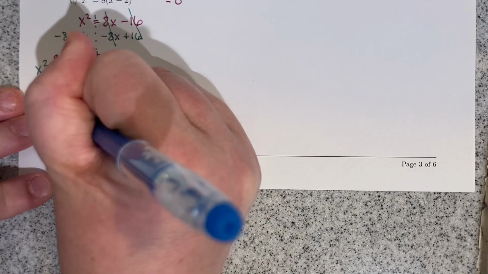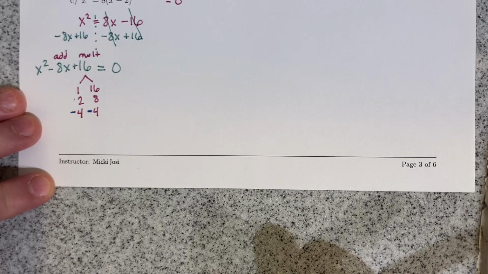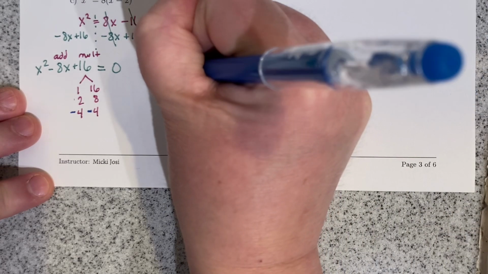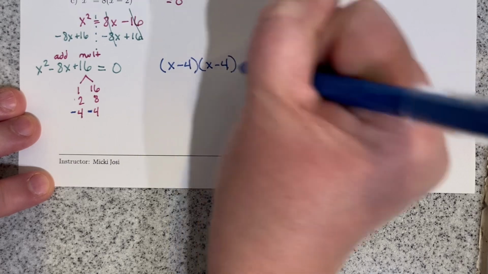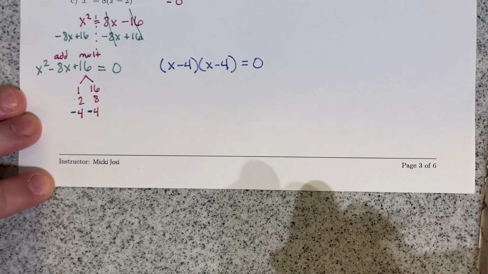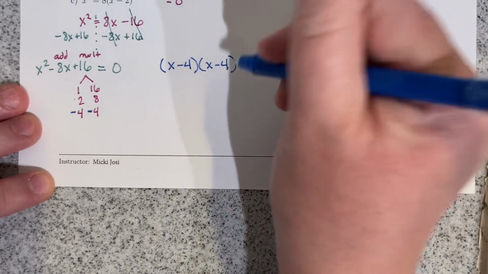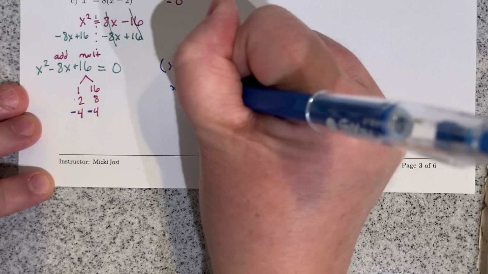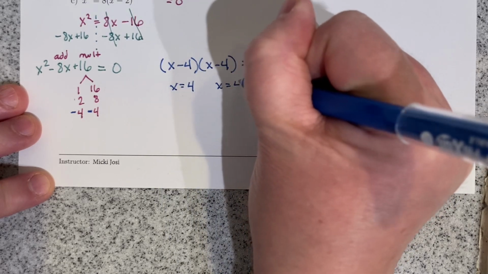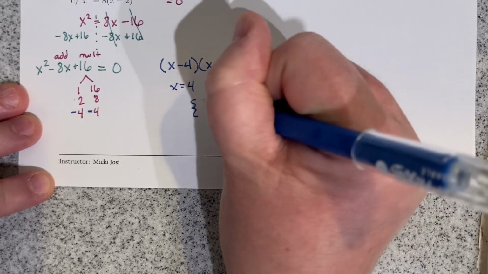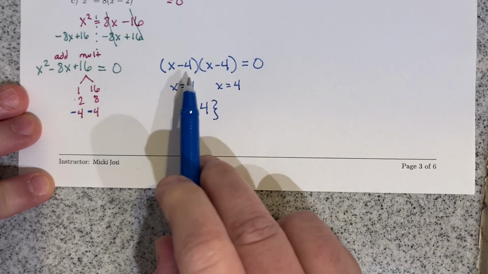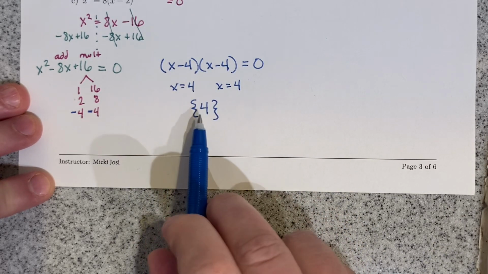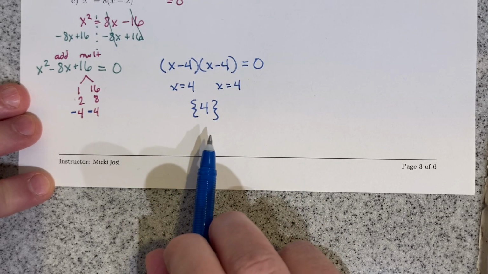And I think negative 4 and negative 4 will do it. So the factored version is x minus 4 times x minus 4 equals 0. And if I set each factor to 0, we get x equals 4 twice. So we're only going to put that in there once in our solution set, right? So we just get one answer, it's 4.